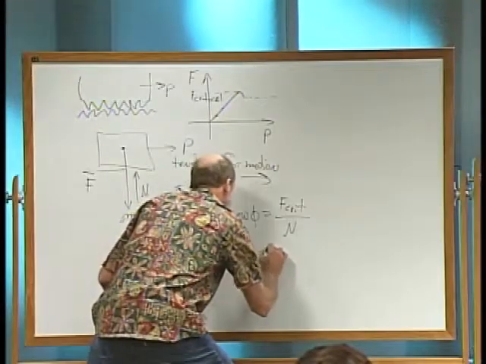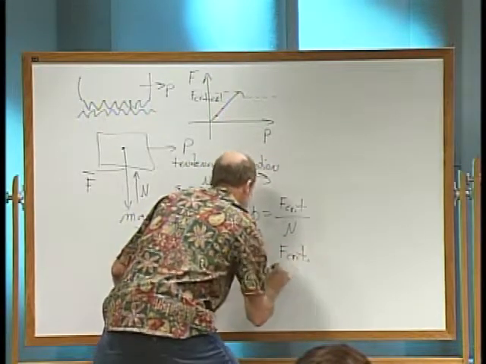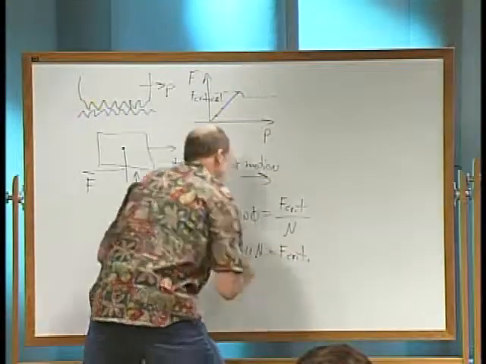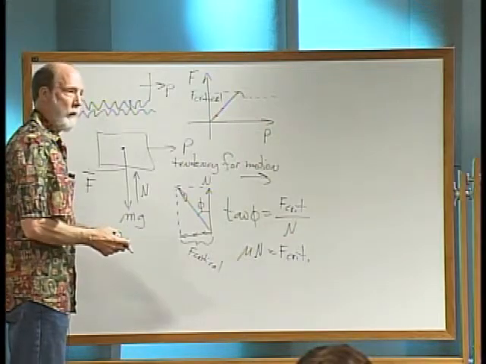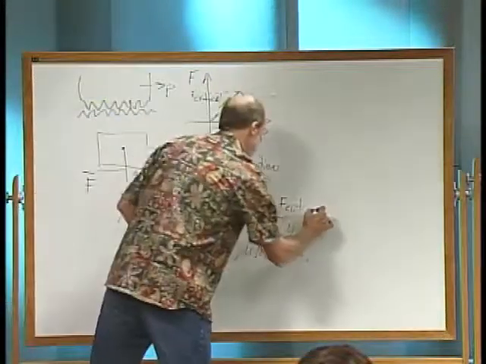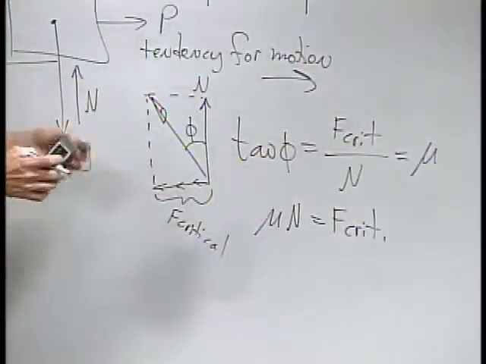So this critical friction force is going to be equal to mu times the normal in value. That's where it comes from. So think of this tangent of the friction angle as being this Greek letter called mu.